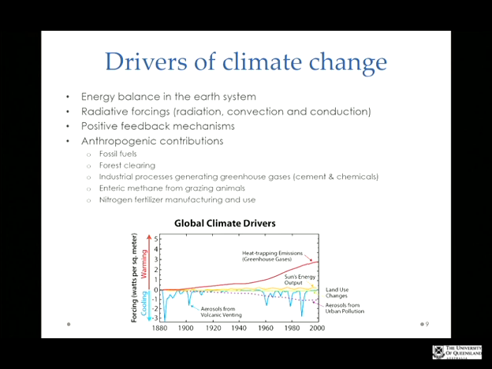We have a lot of methane from grazing animals. We'll see later on that methane is a very potent greenhouse gas, much, much more potent than CO2. It's just there's not so much of it around in the atmosphere and it doesn't last so long. And then things like nitrogen fertilizer, which again has increased big time in the last 50, 60 years.